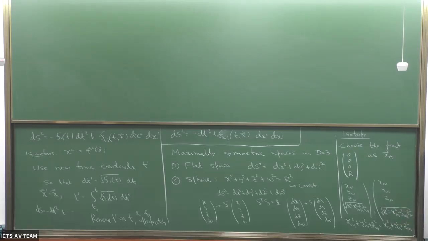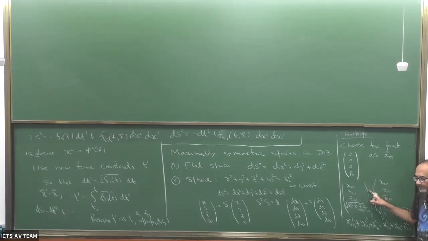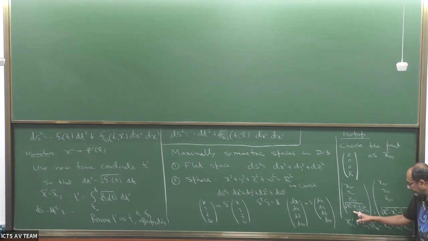So what kind of transformation should you use? Yes, 3D rotation. If you use a rotation that acts only on these three, not on the fourth one, then clearly this will remain unchanged, and it will take this vector to this vector. They have the same length, so there is always a 3D rotation that can take from here to here, and it leaves this unchanged.